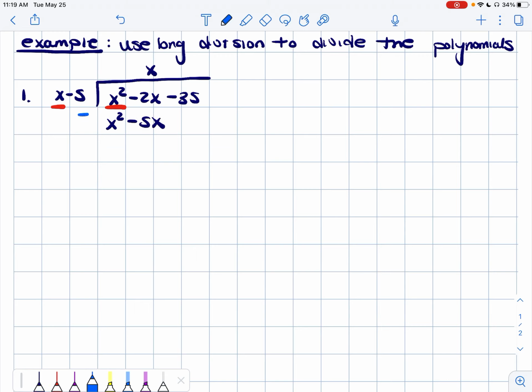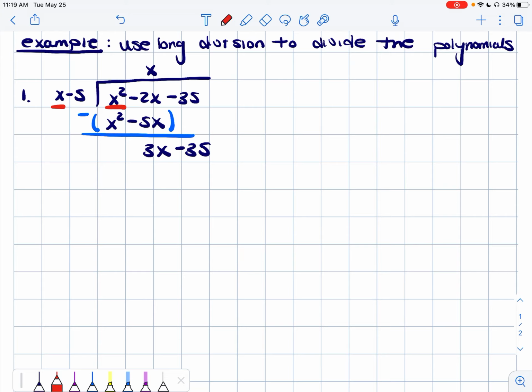Okay. Then we subtract. So x squared minus x squared, those just cancel. Negative 2x minus a negative 5x would be 3x. And then bring down the 35.